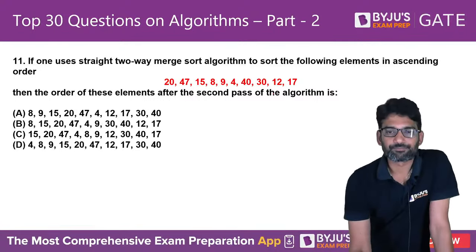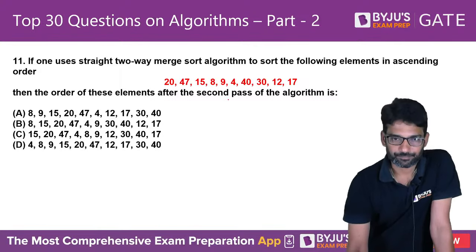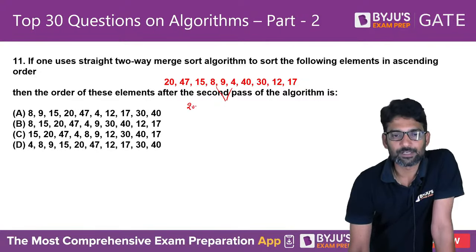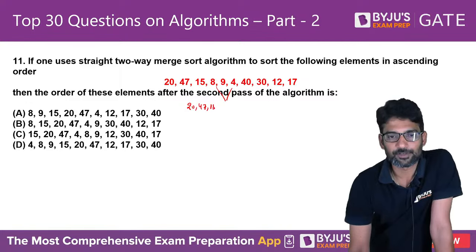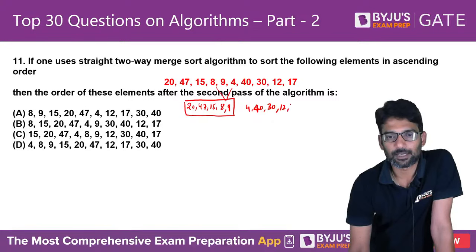Given ten elements, so first division happens. 20, 47, 15, 8 and 9 will be one set. 4, 30, 40, 30, 12 and 17 would be in another set.